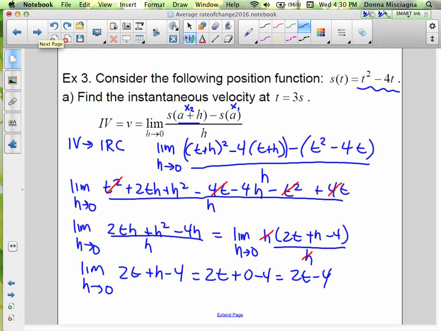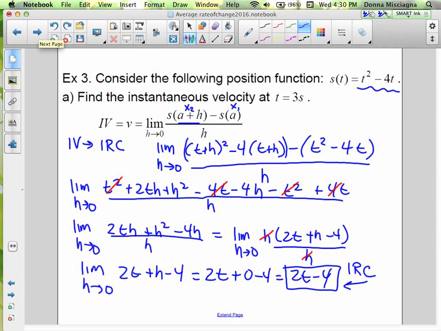You're not necessarily going to get strictly numeric answers. You may have a variable still in here, and we'll talk about why later. But this right here, that right there is my instantaneous rate of change. And if I want to find out what it is for 3 seconds, what do you think I have to do?